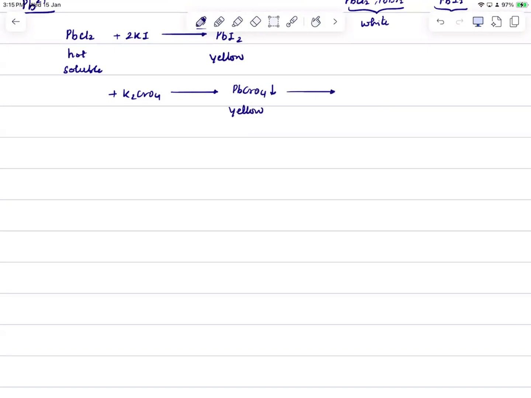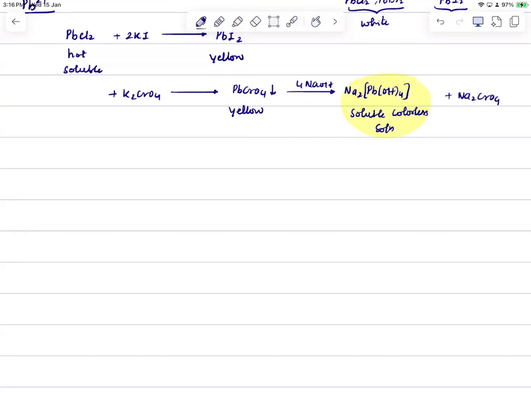If you add 4 moles of NaOH to this lead chromate, it becomes Na2[Pb(OH)4], a soluble colorless solution. This has been asked many times; last year it was asked in 2 sessions. What is the complex formed on adding NaOH? Learn that. Plus you'll have a yellow solution of Na2CrO4.